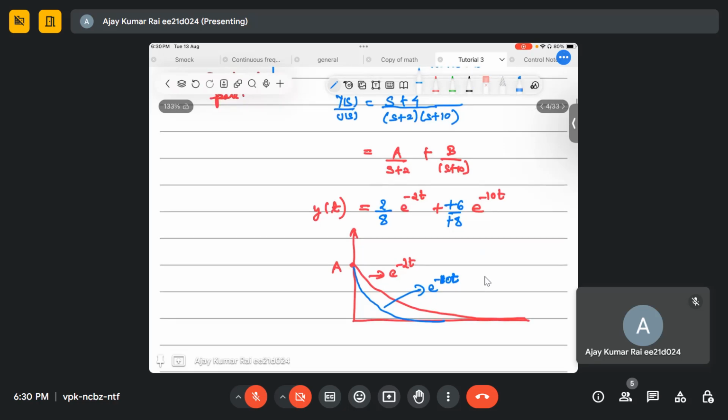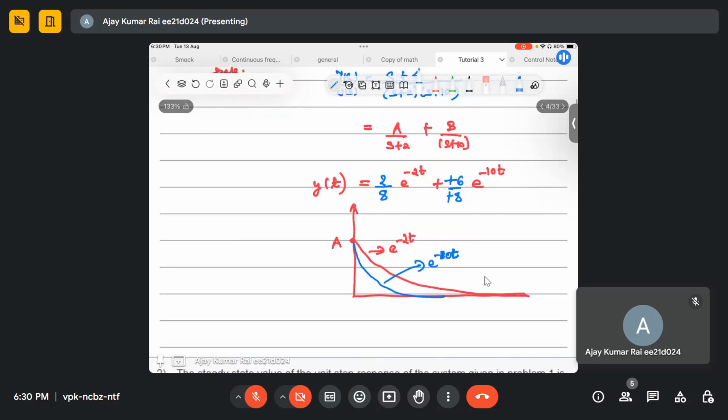You know 2 by 8 is greater than 6 by 8, so the actual response will be like this. Just replace with these values: this is 2 by 8 and this is 6 by 8, if I am right, and this is e to the minus 2t.